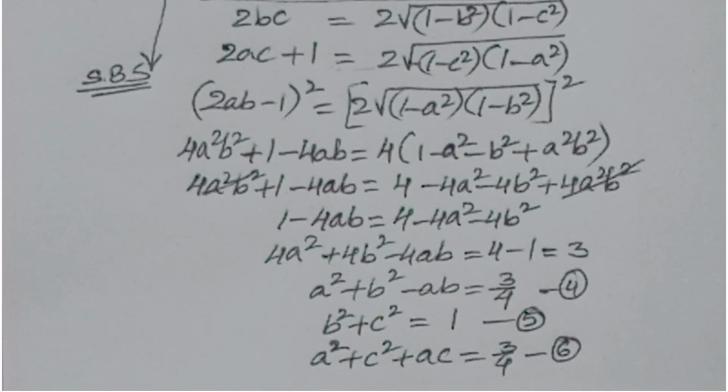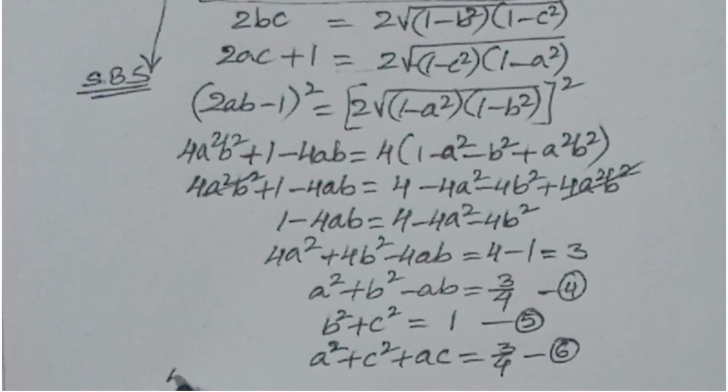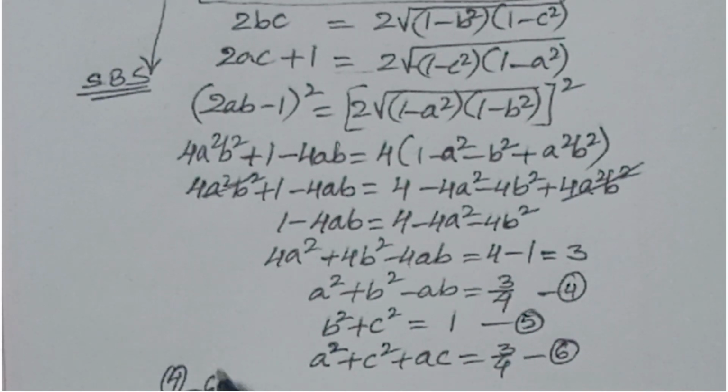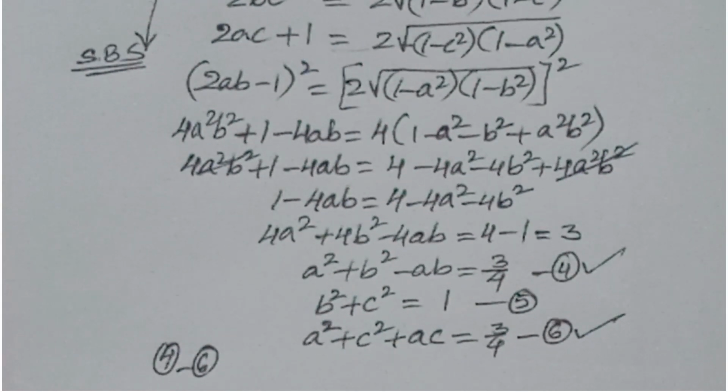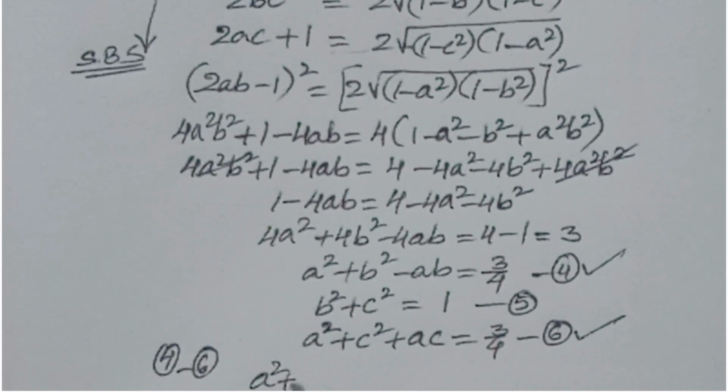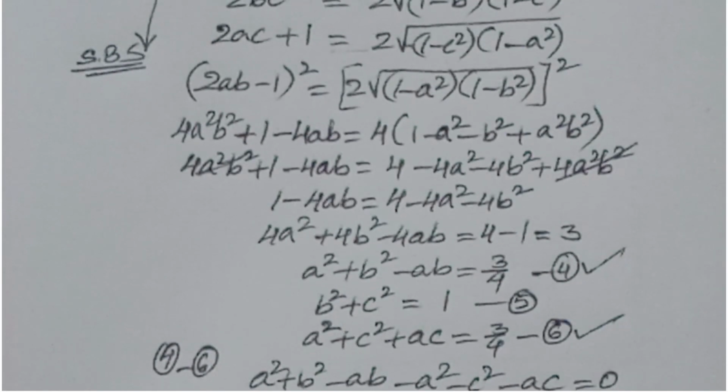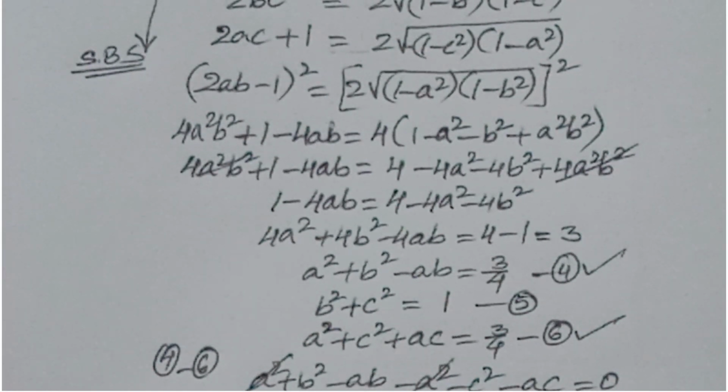Now subtracting 4 and 6. 4 minus 6, what will we get here? a square plus b square minus ab minus a square minus c square minus ac equal to 0. So a square cancels.